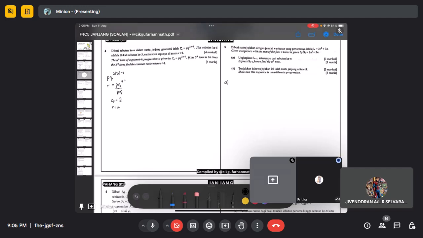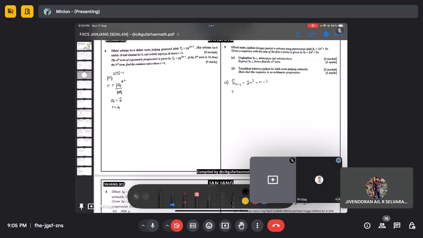Okay, you have to find the sum of the first n terms, which is Sn equals 2n squared plus 3n. So S n minus 1 equals 2 in bracket n minus 1 squared plus 3 in bracket n minus 1.